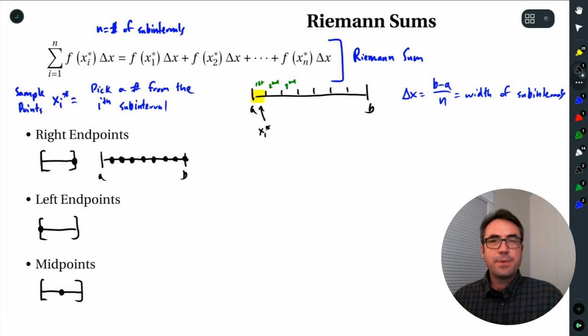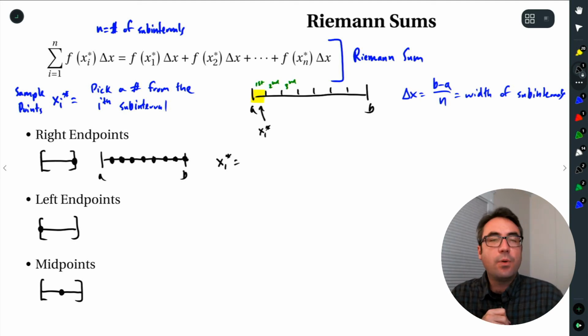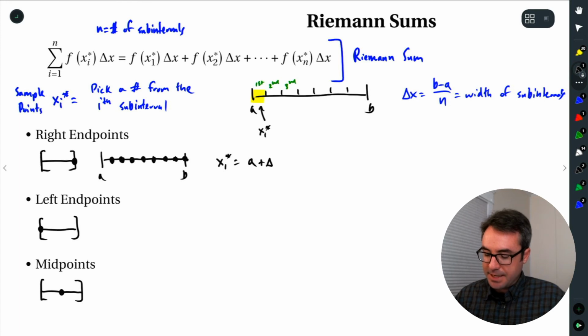All right, so how do we actually calculate these? For all of these, we want to start with the first one, and then once we have the first one, the rest are going to be easy to find. For the right endpoint, remember our interval is from A to B, so the first one is A plus delta x.